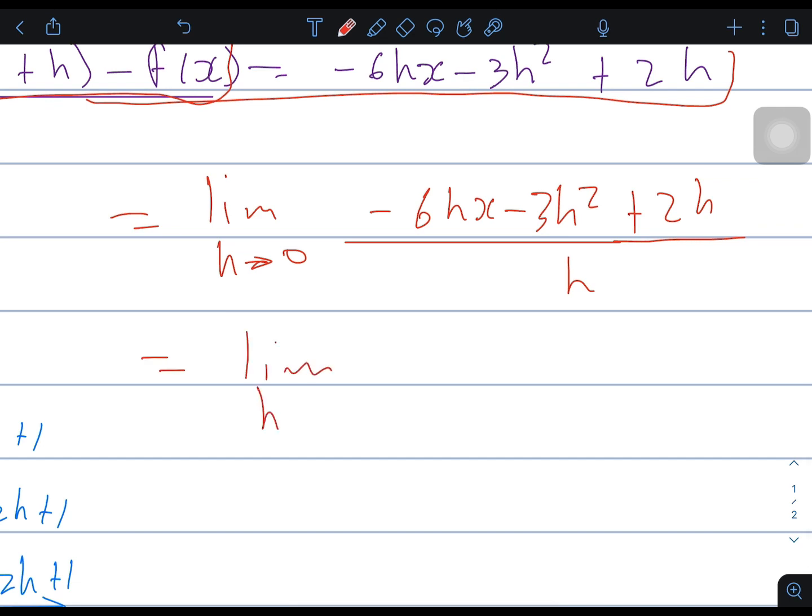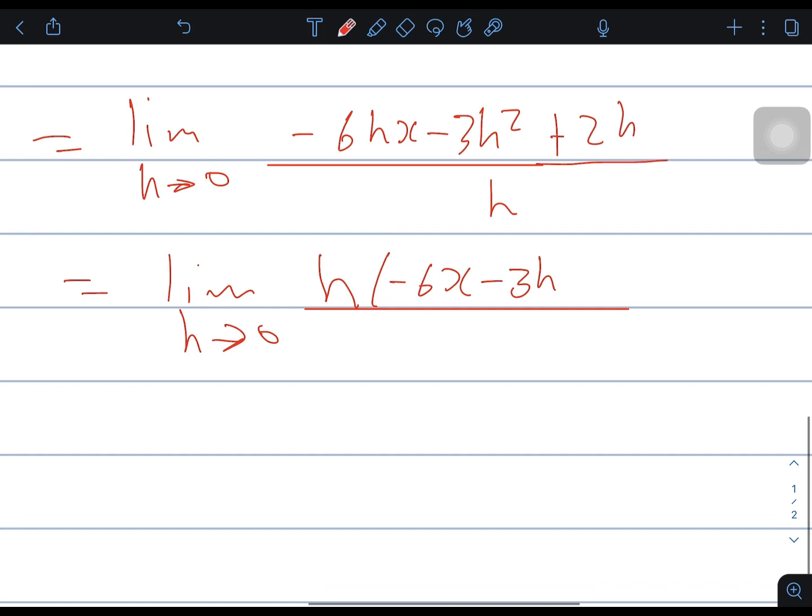Limit as h approaches 0. Let's take out h, sorry. We get negative 6x minus 3h plus 2.